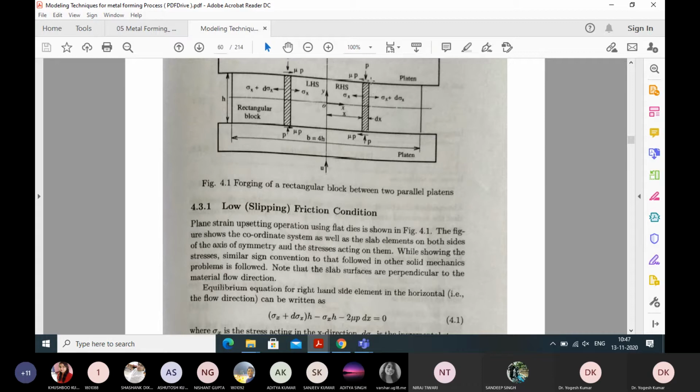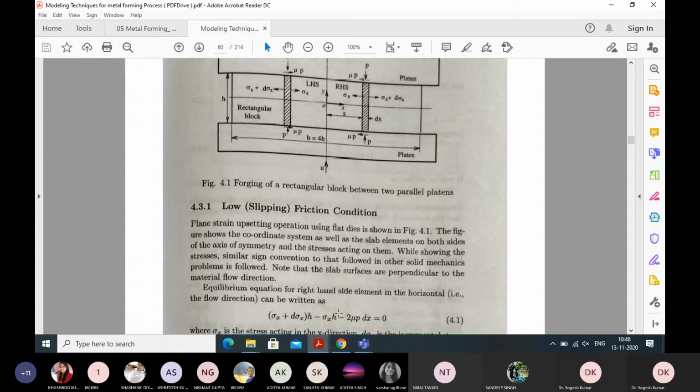But initially for force equilibrium, what will be the value? It is sigma x plus d sigma x multiplied by h w. Similarly, for sigma x, this is in the negative x direction, so it has been taken as minus sigma x into h. Similarly, mu P is working in the negative x direction, so the minus sign is there: minus twice mu P, at the bottom surface and the upper surface.